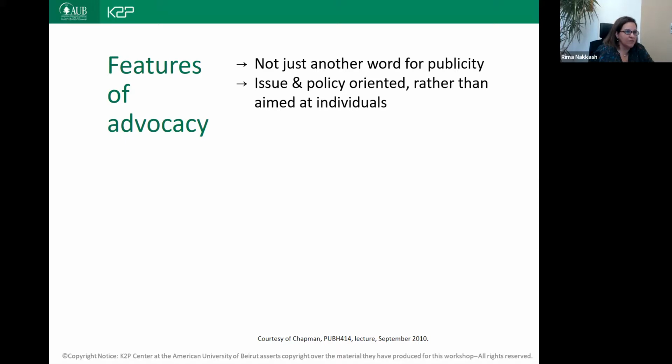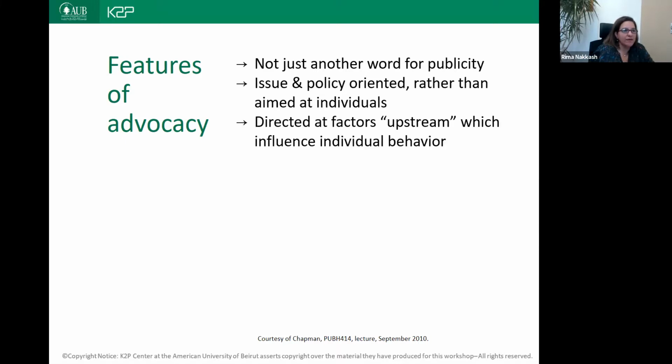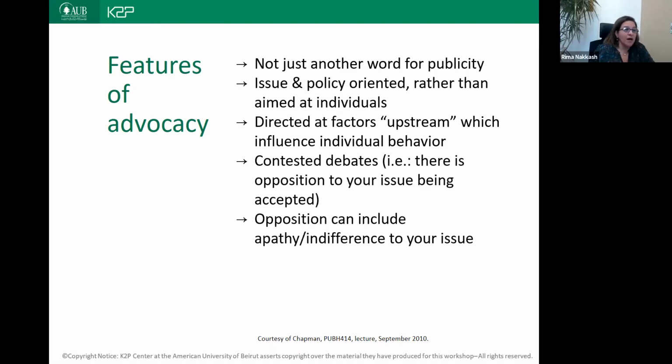There are other aspects that we need to be able to identify in order to name it as advocacy. It is always issue and policy oriented, looking more at upstream changes. How do we change upstream policy, and not focus on individual behavior or individual level change? Very often advocacy is needed around contested debates where there is very clear opposition.